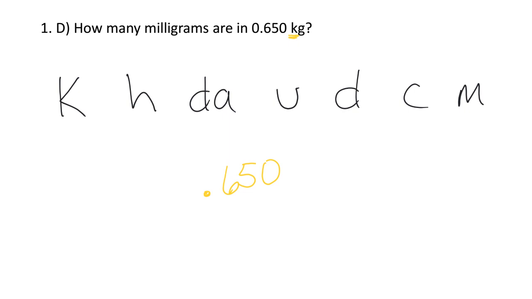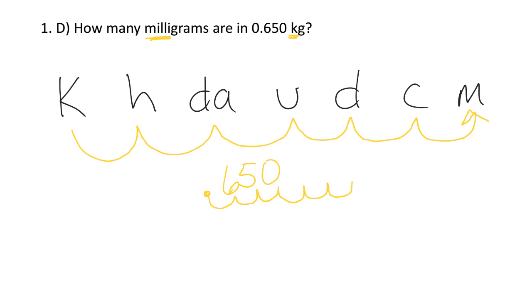So we're starting with the K and we're going to the M. 1, 2, 3, 4, 5, 6. So we're going to move the decimal 6 places to the right. 1, 2, 3, 4, 5, 6. And that leaves 3 spaces. So our answer is 650,000 milligrams.